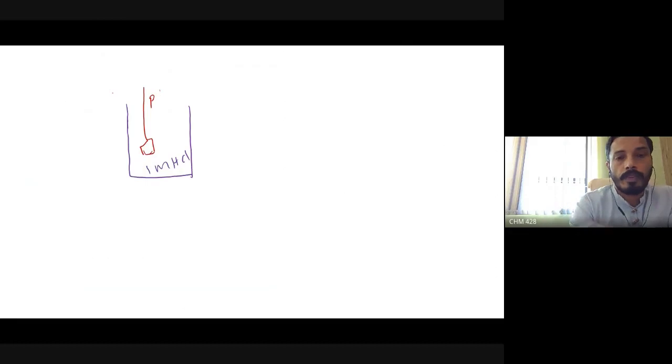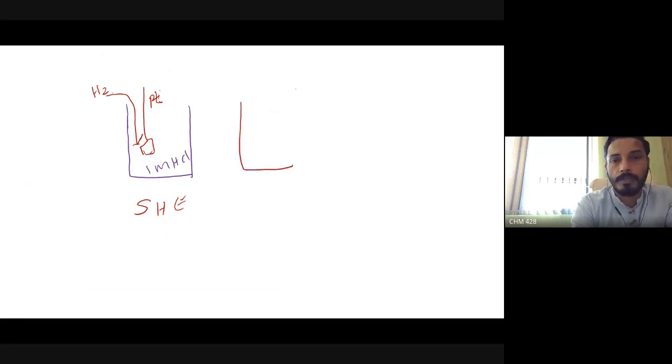And then bubble H2 gas at 1 atmospheric pressure through this system. Your SHE, standard hydrogen electrode, is ready now. And you take whatever electrode system you have. For example, you want to measure the electrode potential of Fe3+/Fe2+. Take that system.